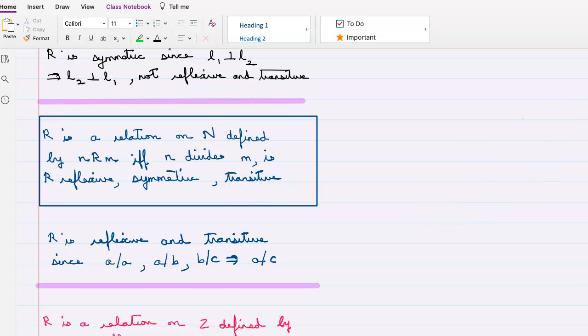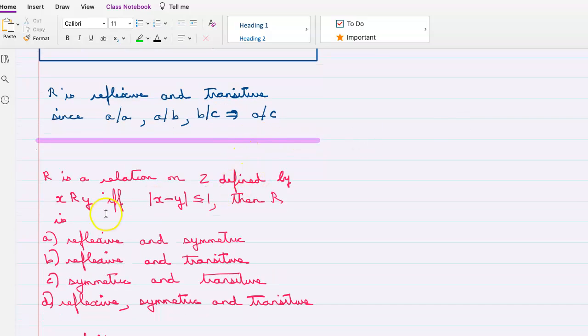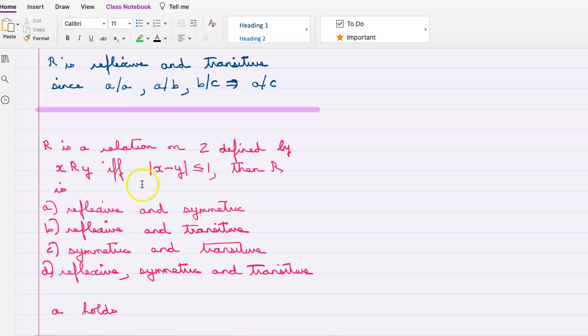Coming to the next question, R is a relation on Z defined by x is related to y if and only if |x − y| ≤ 1. Then you have the following choices. Now I'm saying that only A holds because |x − x| is less than or equal to 1.